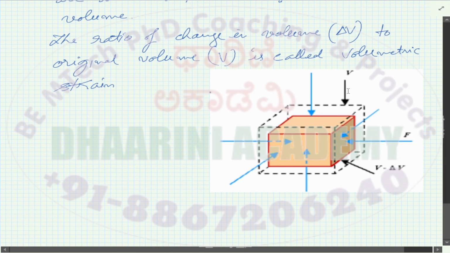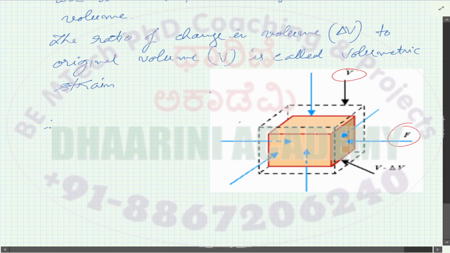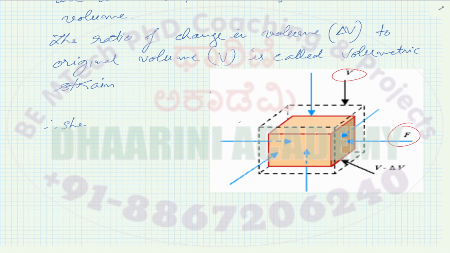That was the original volume V. Now every surface is getting a force denoted by F. V is the original volume, so the delta V is the change between these two. So if I want to calculate the shearing strain now, therefore not shearing, my mistake, it's a volumetric.